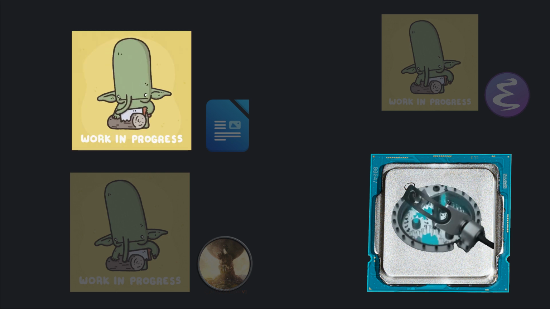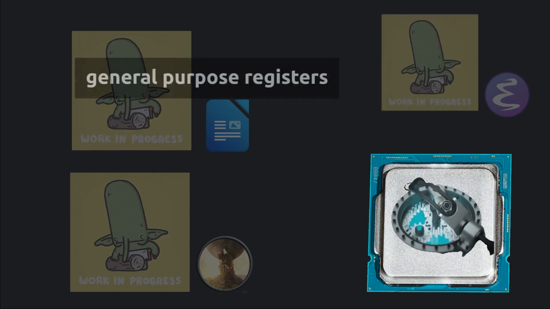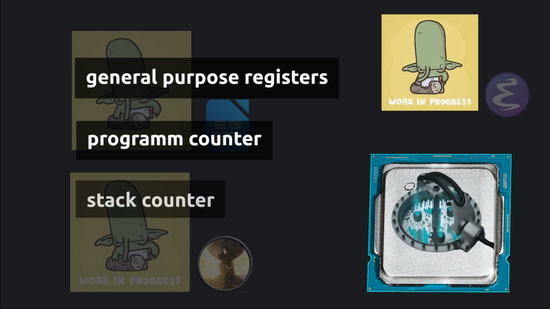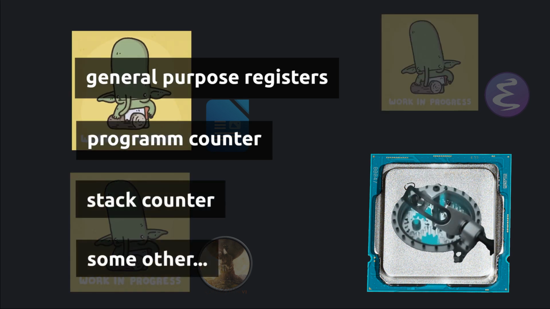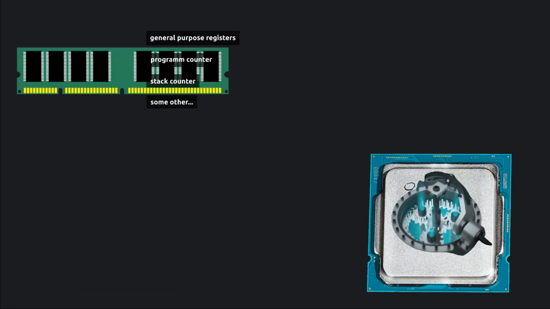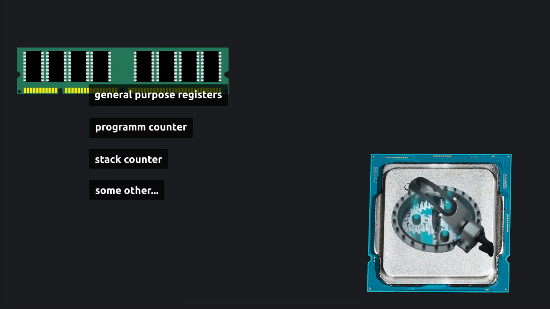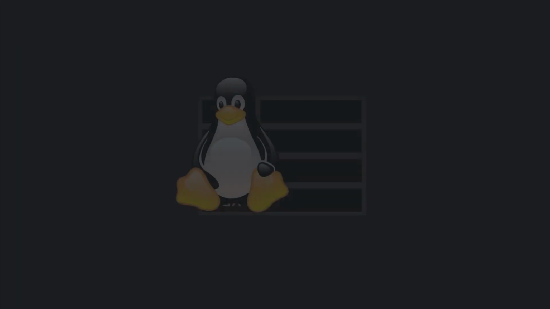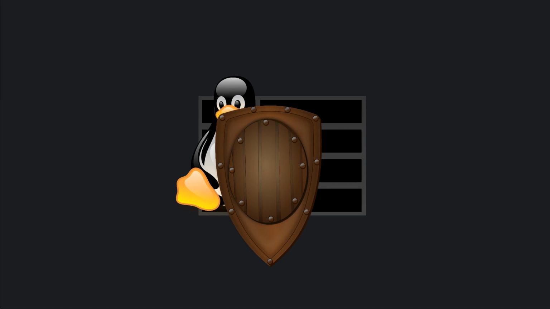In order to switch the context, most general purpose registers, the program counter, the stack counter, and some other registers must be saved to memory. Then the state from the new process must be restored from memory so it can perform its instructions. Note that this context switch will not change the privileged registers used to run the kernel.